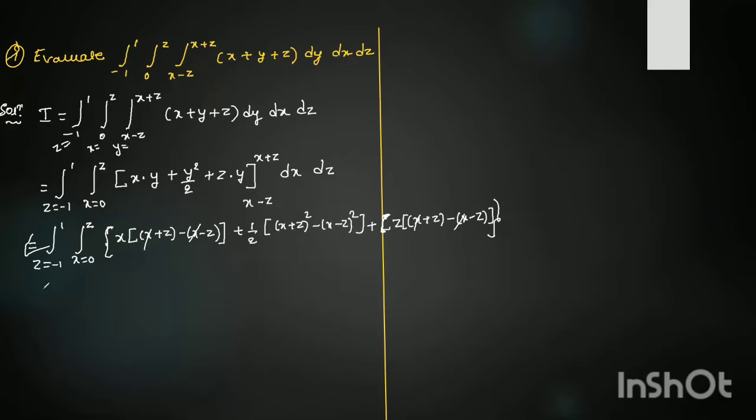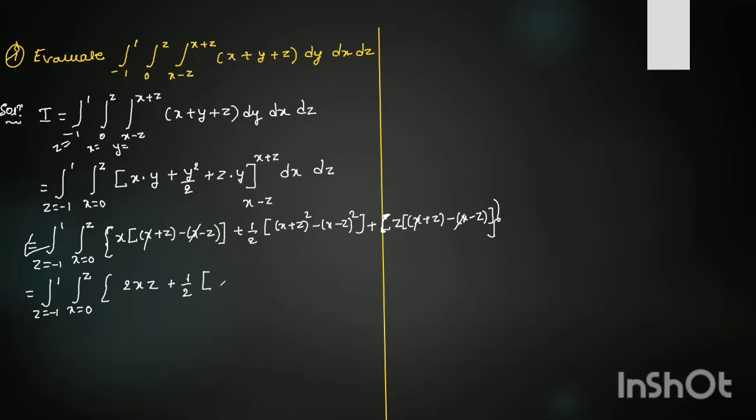Okay. So this is equal to z equal to -1 to 1, x is equal to 0 to z. First term, here it is z minus minus plus, 2z is remaining. Shall I write 2xz? Z and z it is 2z and x is remaining. So 2xz is the first term. Plus keep 1 by 2 as it is.